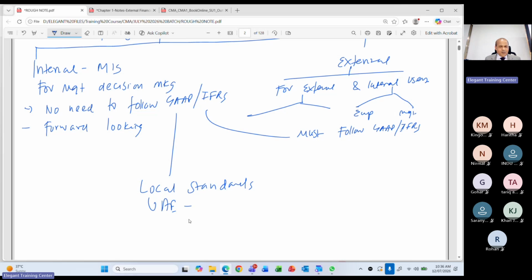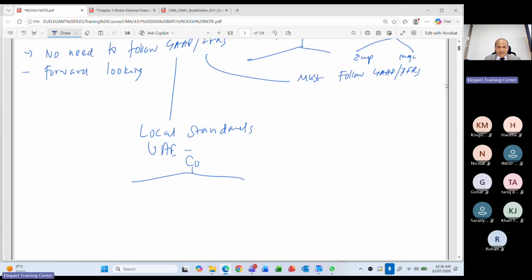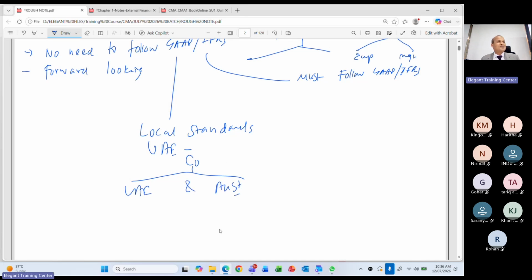But if a company operates in the UAE and also in Australia, they should follow the UAE standard. They should also follow Australian standards. So that is why they should follow IFRS.